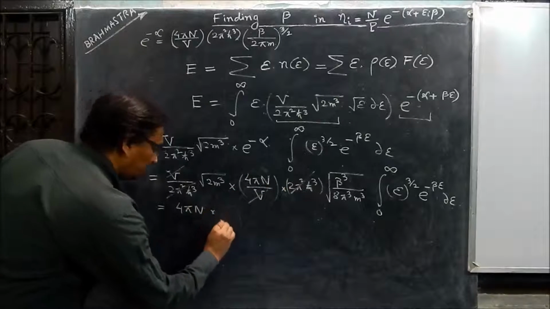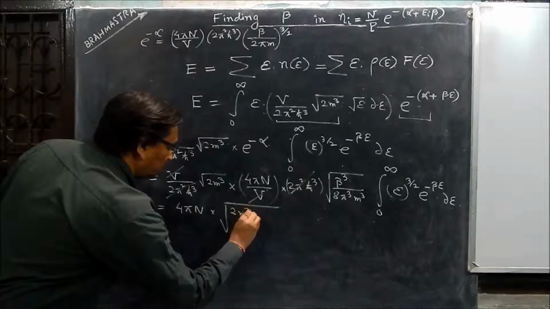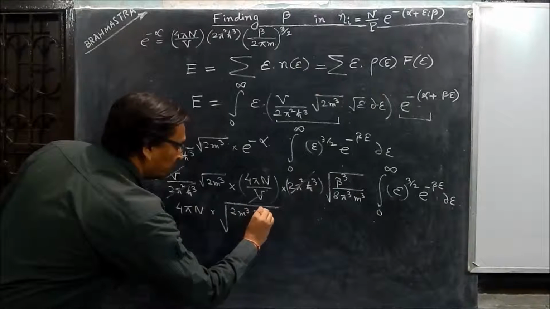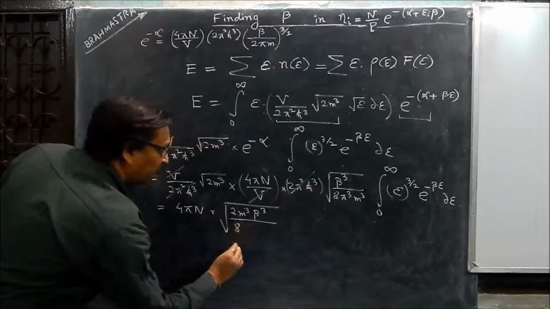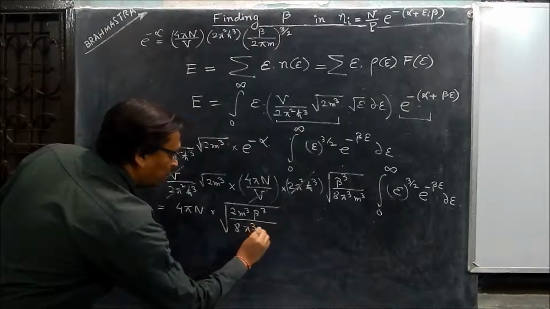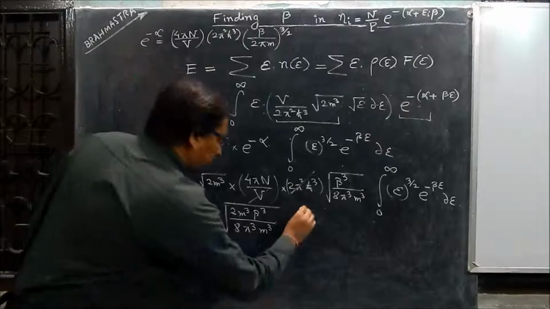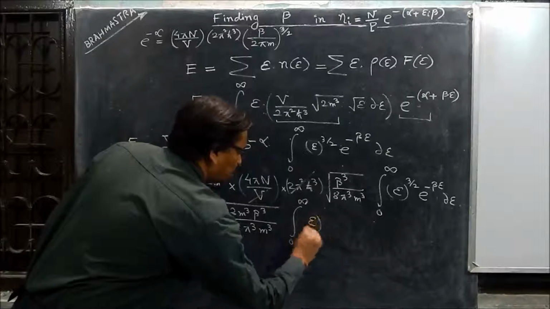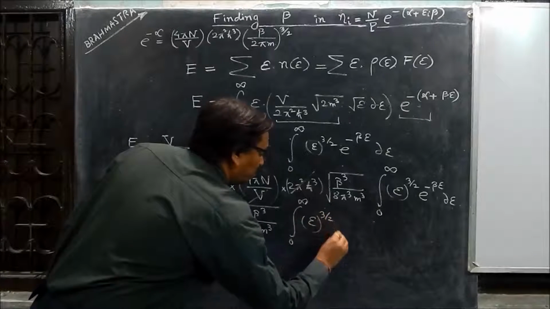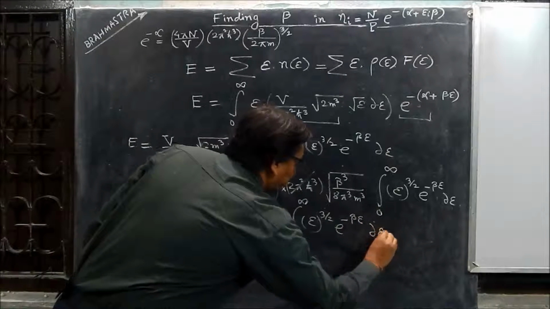So it will be into under root 2m cube beta cube by 8 pi cube n cube, and the integration from 0 to infinity of epsilon to the power 3 by 2 e to the power minus beta epsilon d epsilon.